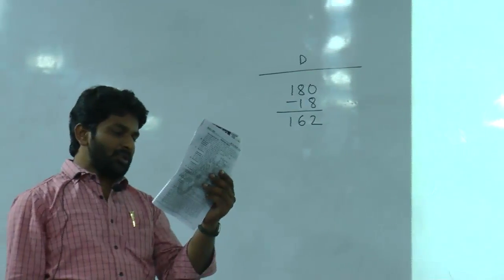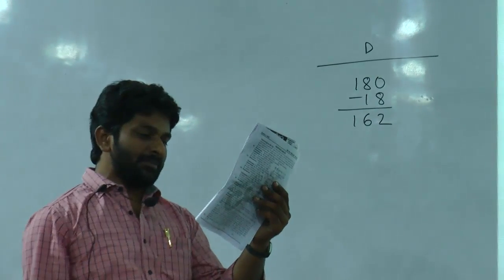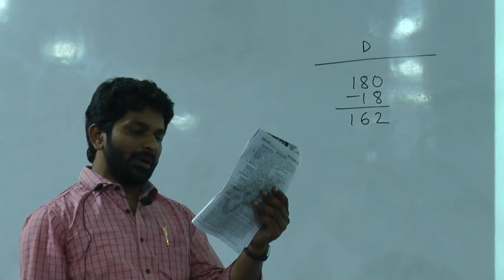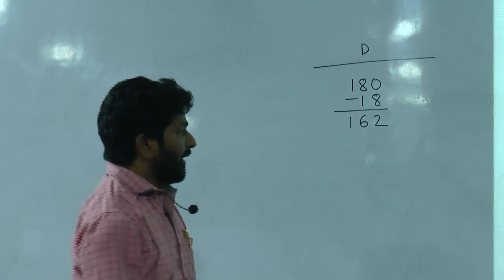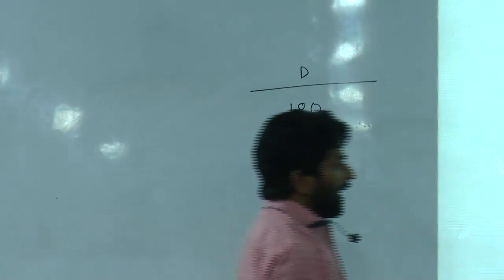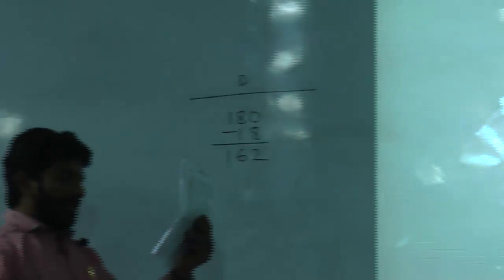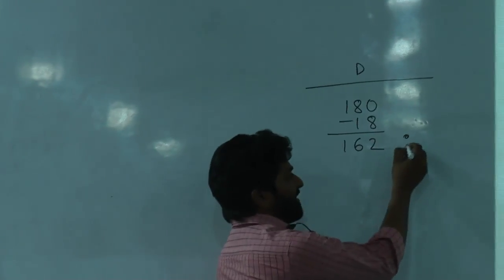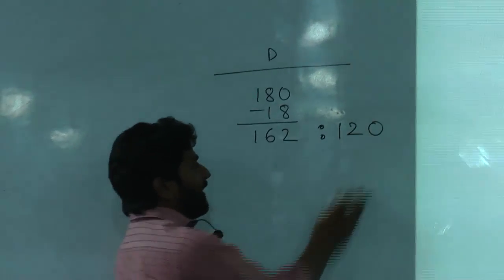What is the respective ratio between the number of belts sold in December and those sold in October in the same town? Right. In October, how many we have? 120. So you are asked about the ratio between December to October, which is 162 to 120.